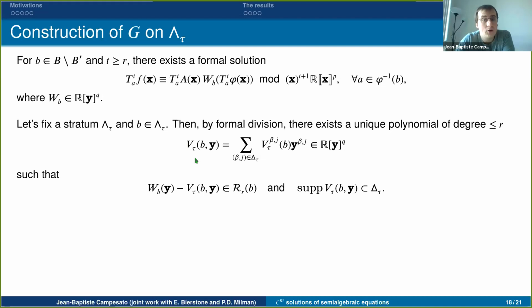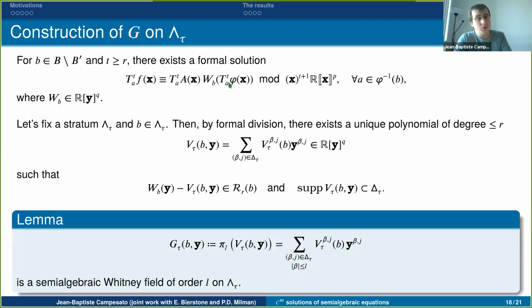First, Vito, since it is a remainder, has its support in the complement of the diagram. Second, since WB is a pointwise solution over B, when we take the difference WB minus Vito, we have the sum of the QI phi I, so we have an element of the module of relations. And since WB was a solution of the equation, Vito is a solution of the equation. So we have constructed a solution of the equation at the level of the Taylor polynomials.